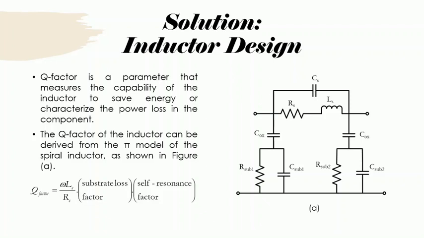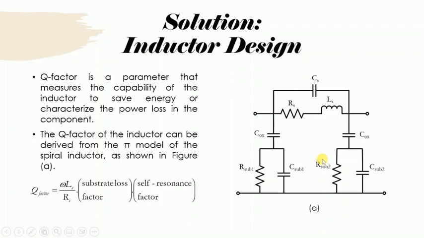The substrate losses involve ohmic losses, which are caused by the displacement current induced in the substrate, accounted for by the substrate resistance R sub as well as the parasitic capacitance C sub in the substrate.